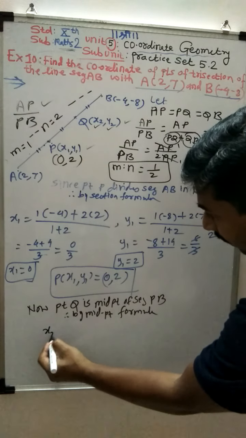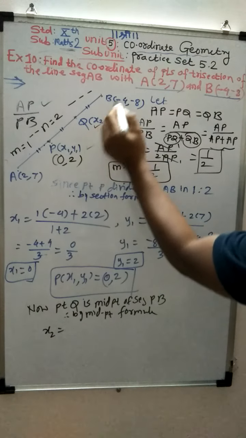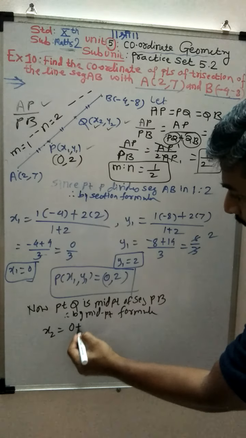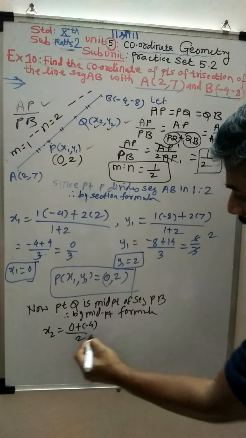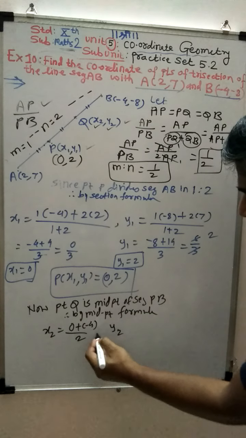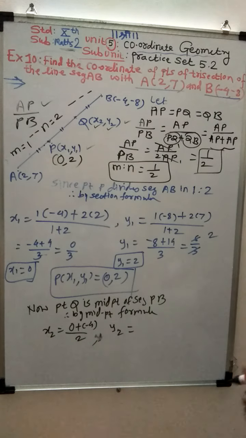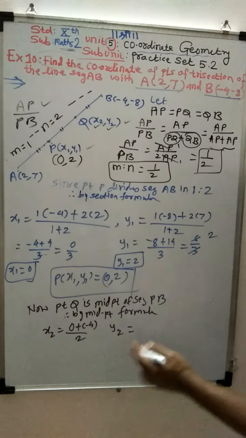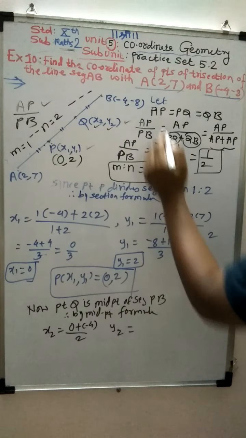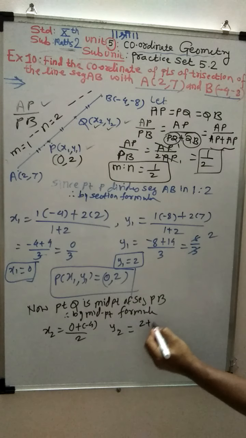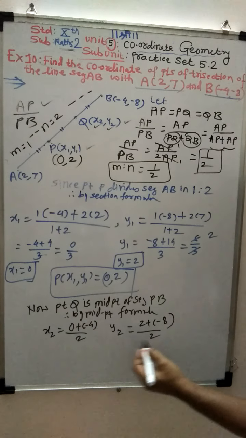So here write down x2 is equal to (0 + (-4))/2, and y2 is equal to (2 + (-8))/2.